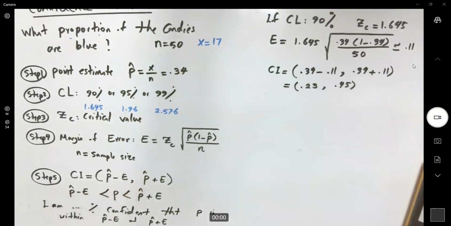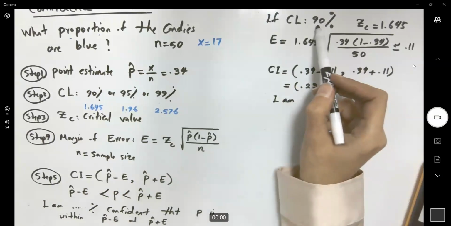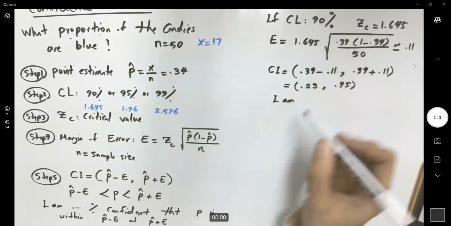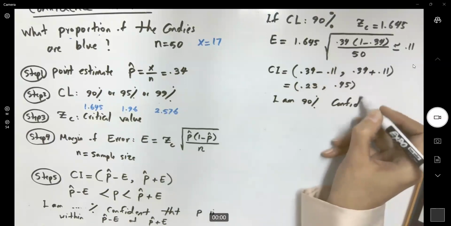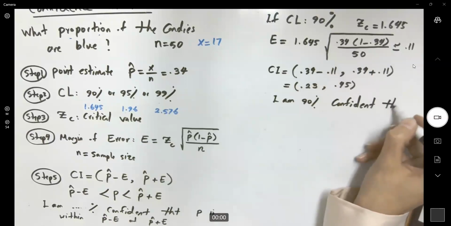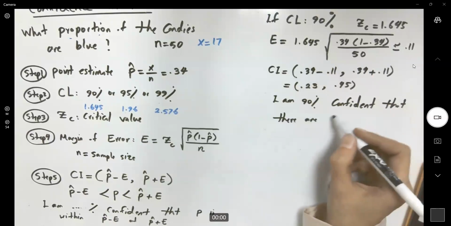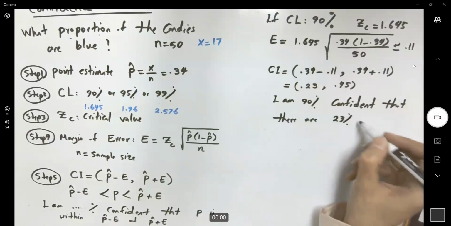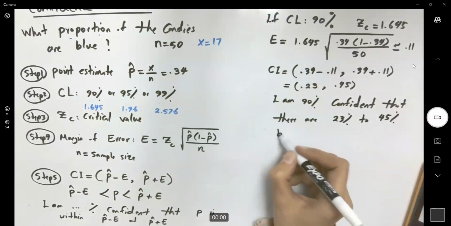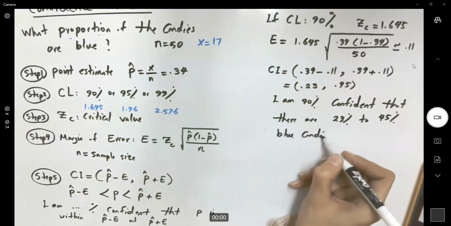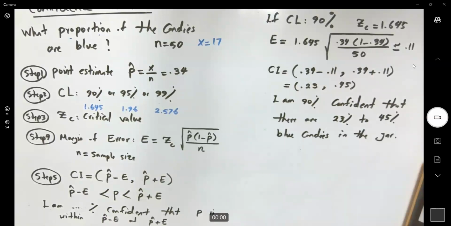It means that I am 90% confident that there are 23% to 45% blue candies in the jar, in the bag.